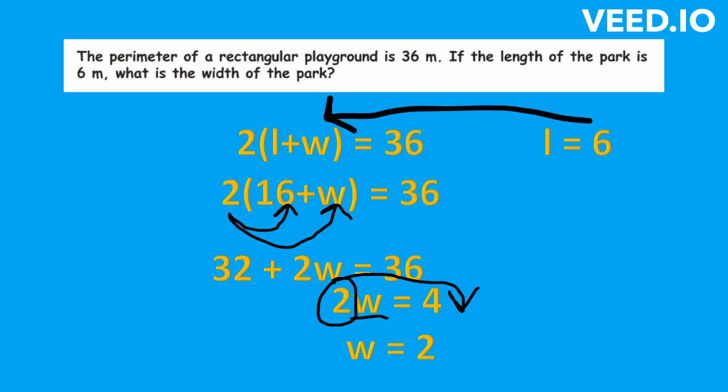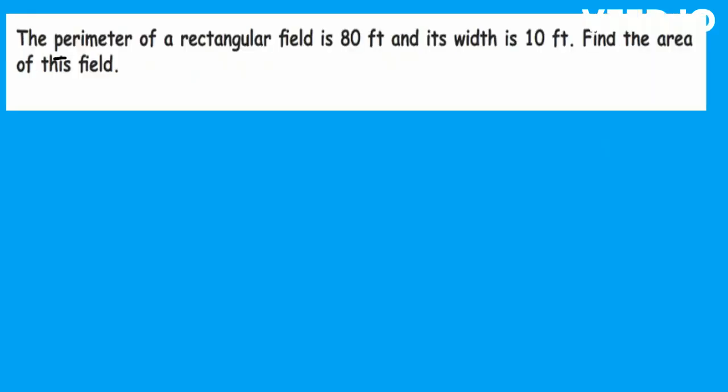We have one more question here. The perimeter of the rectangle is given 80 feet. This is given and the width is also given, W is given.